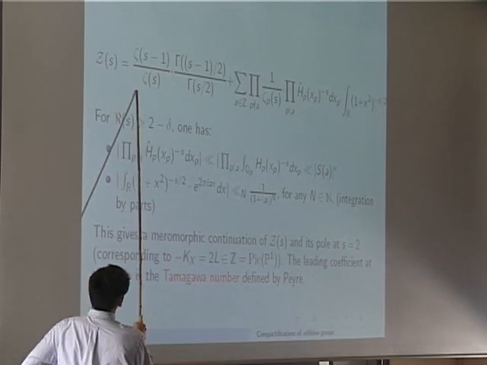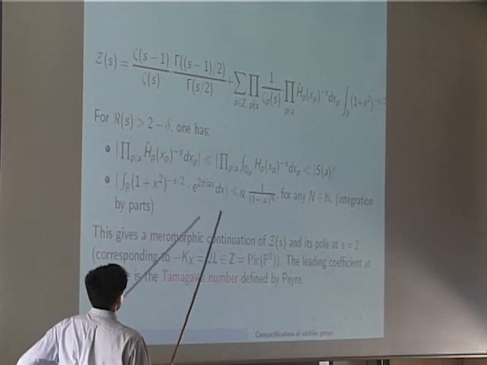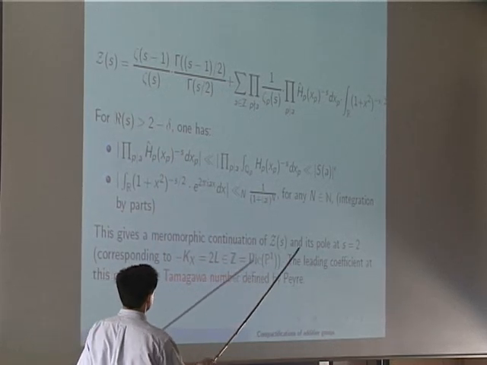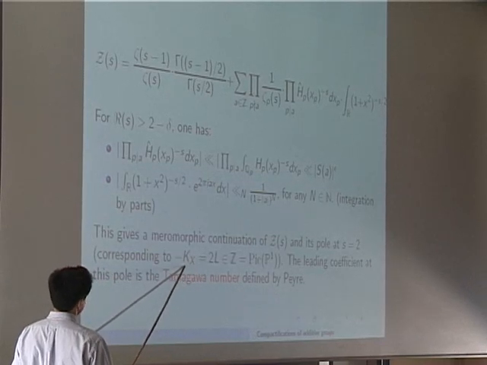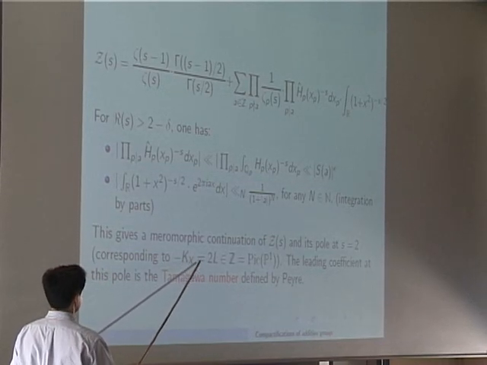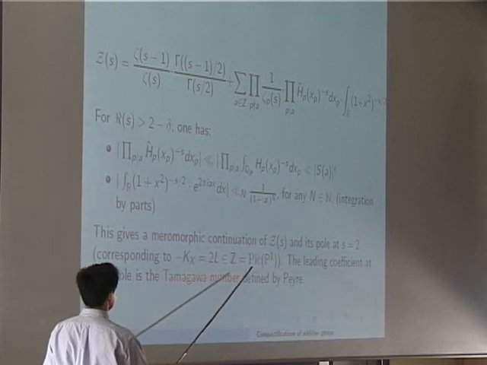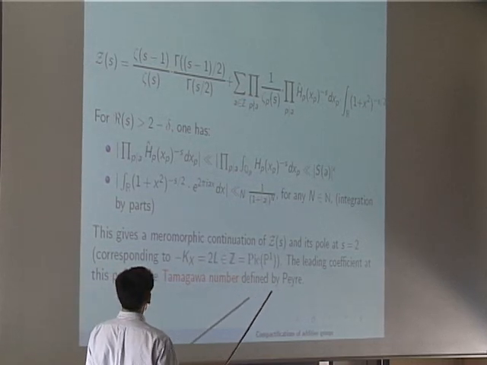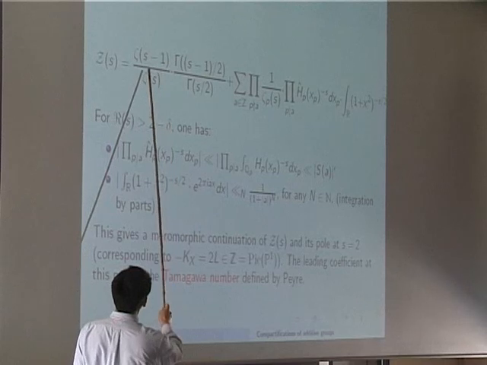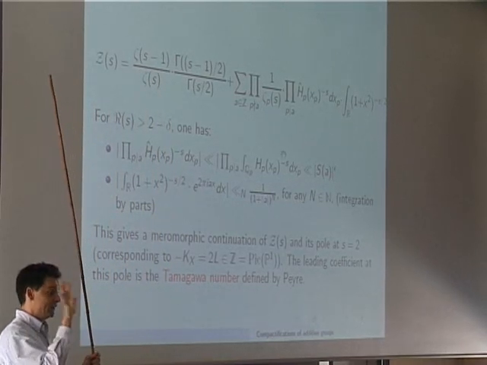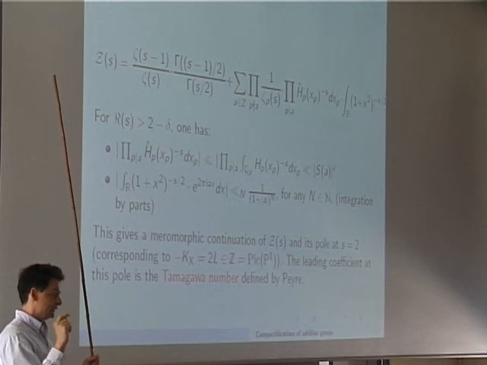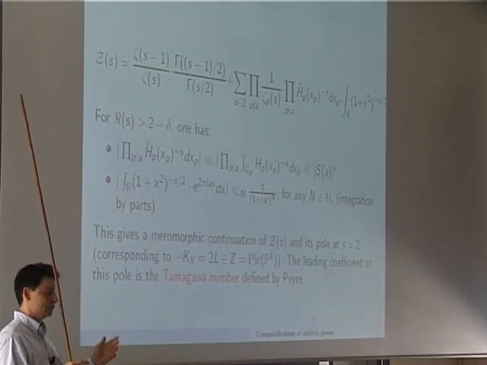The trivial representation gives the expected pole at s equals 2, and now we recall that the anti-canonical class for P1, after all, is O(2), so that's a 2 that shows up. And the leading coefficient at this pole is a product of local densities. After all, it was an integral of the height function over the adeles, so it's a product of all these local integrals.